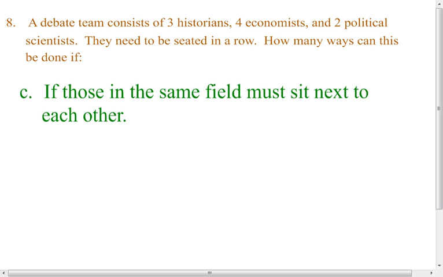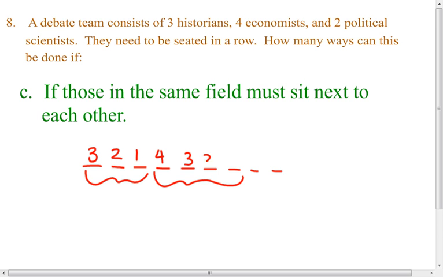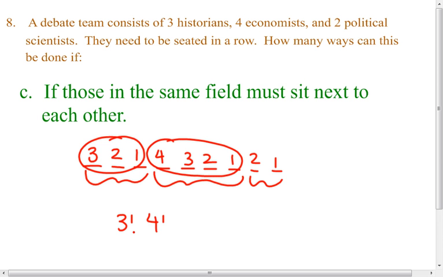Okay, and then this one: those in the same field must sit together. So let's say these are the historians. You have 3 choices, 2 choices, 1 choice. These are the economists, so 4, 3, 2, 1. And these are the political scientists. So we can see that this is 3 factorial, this is 4 factorial, and this is 2 factorial.